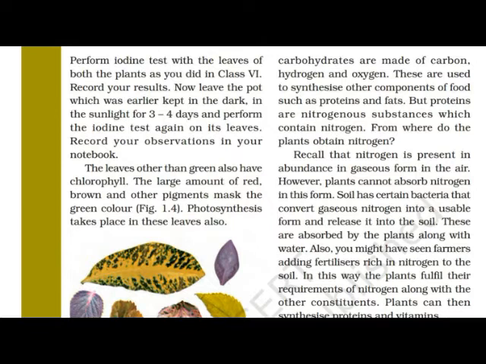In the process of photosynthesis, carbohydrate is the main product, but carbohydrate also contains some other components. Carbohydrate contains carbon, hydrogen, and oxygen. These components, carbon, hydrogen, and oxygen, can be used for the preparation of some other components of food, such as proteins and fats.